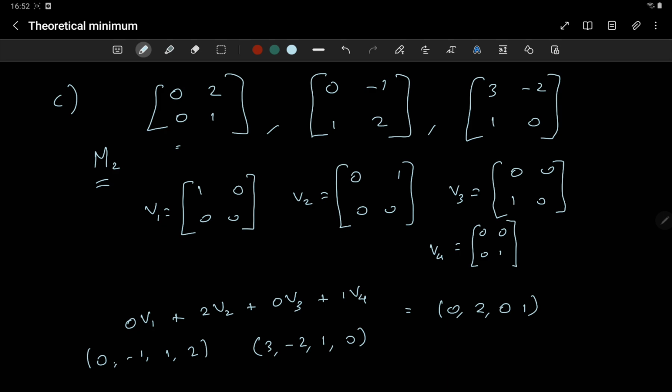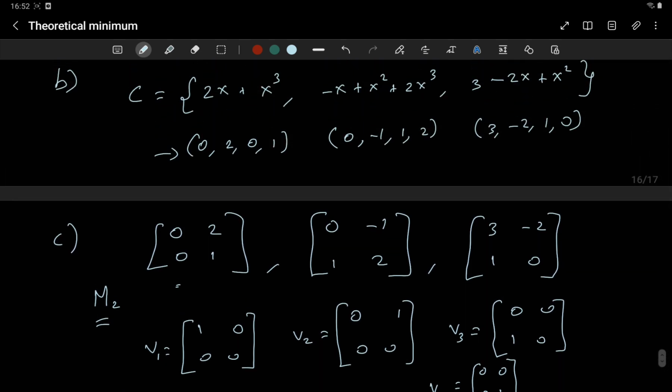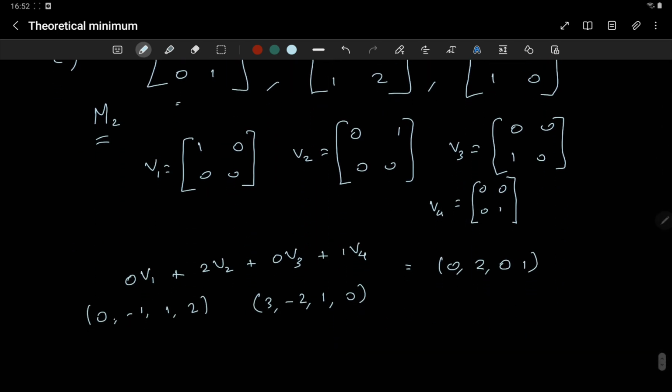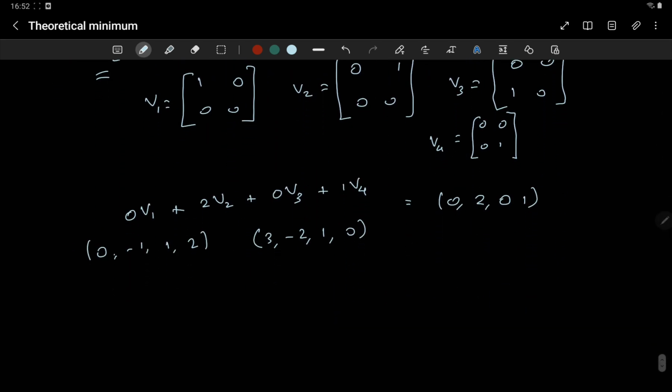Now once again, are they linearly independent? All you have to do is notice that those coordinate vectors are the same as before, so they are also linearly independent. So that's the advantage of working with the basis coordinate vectors.